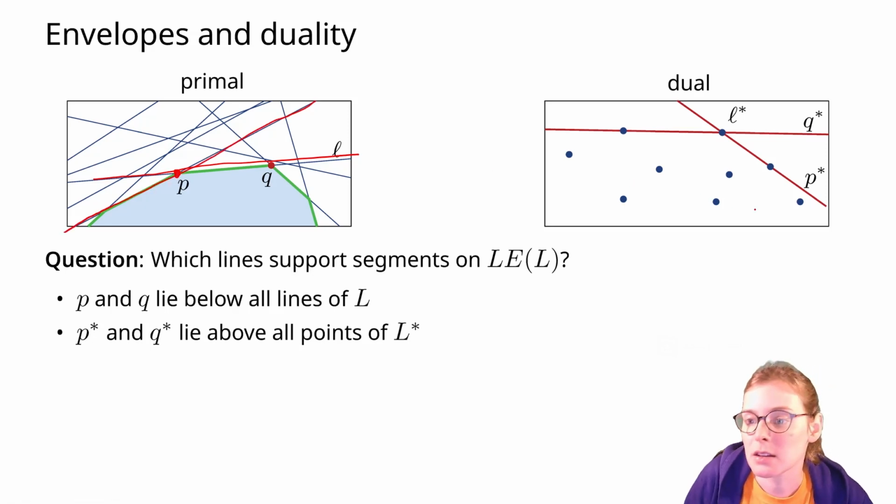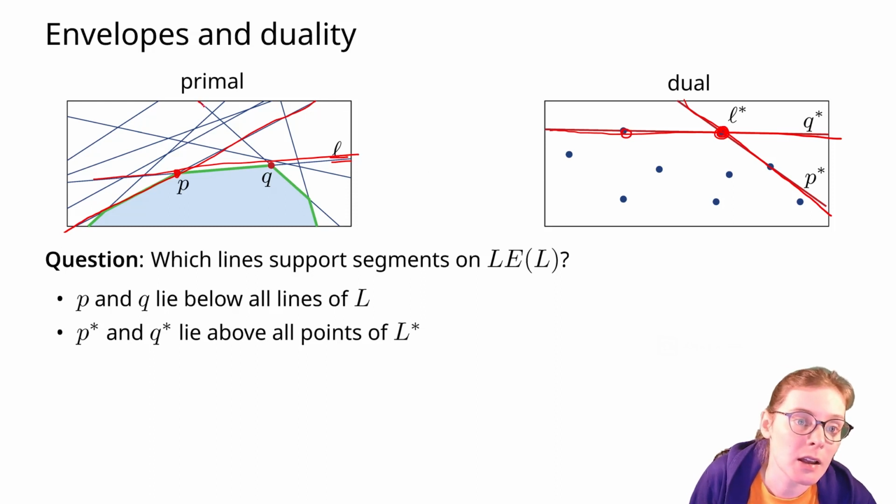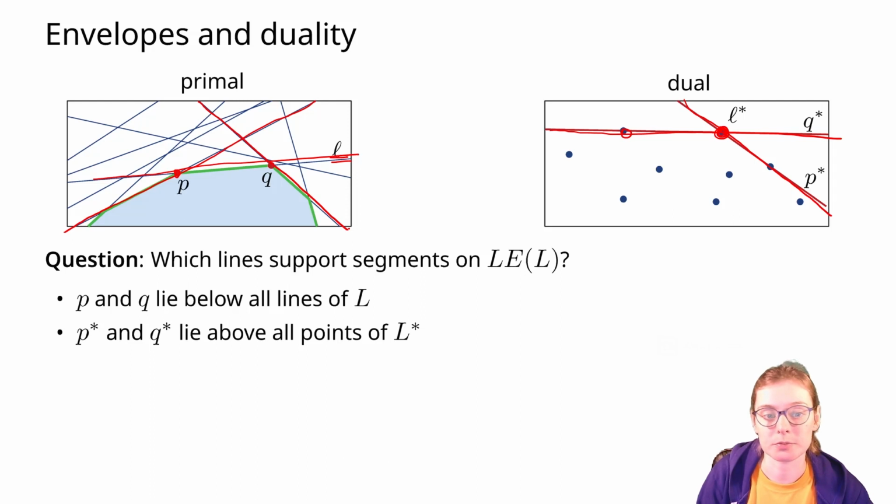That means that the dual line P star will pass through the point that is dual to L, L star, and some other point dual to the other line. Similarly, line Q star passes through the point L star and some other point that is dual to the line that is also passing through the point Q.